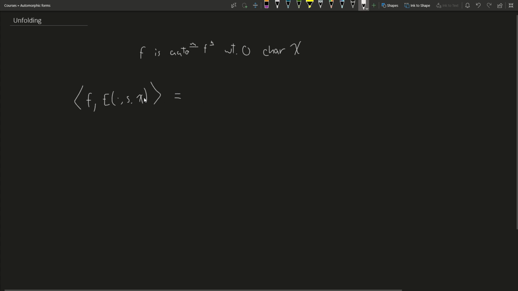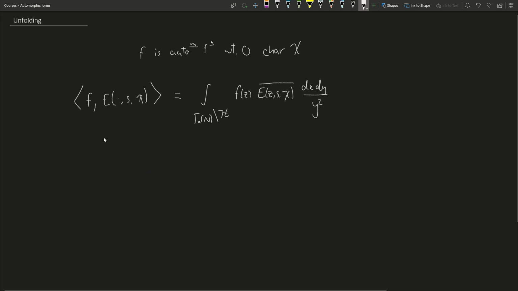And recall that what I mean when I write this is the Petersson inner product. This is an integral over the upper half plane mod Γ_0(N) of f(z) times E(z, s, χ) bar, and then the measure is dx dy over y squared.